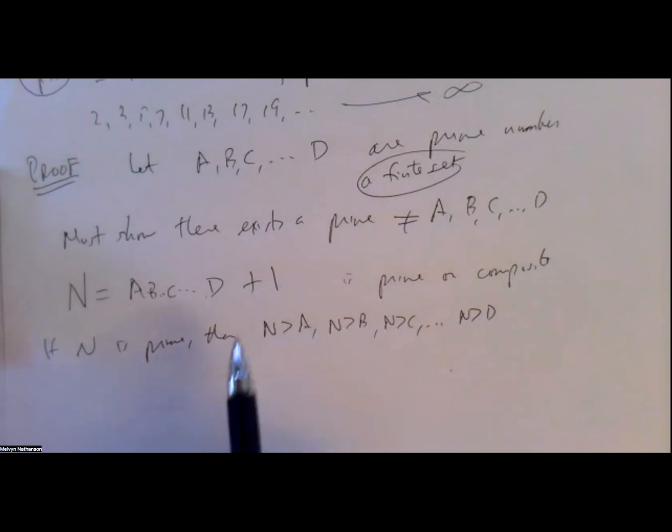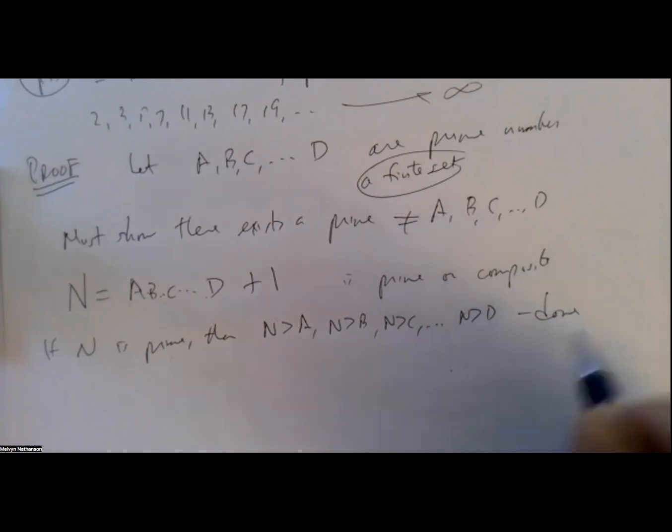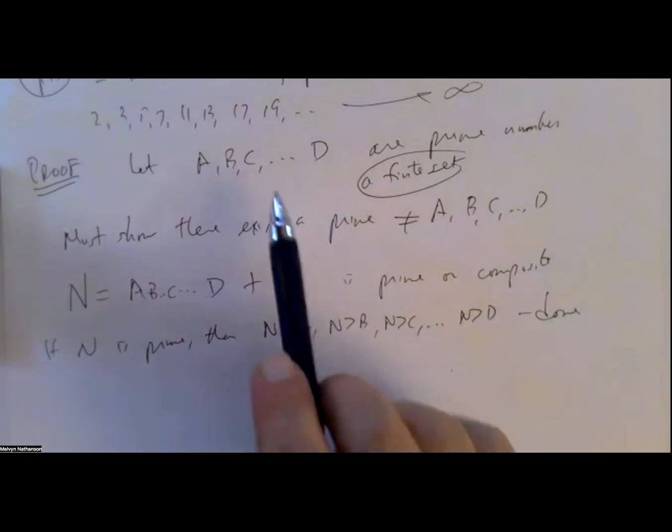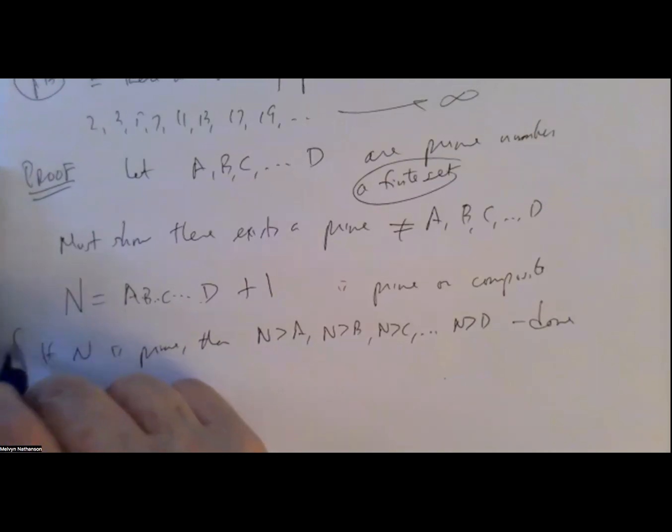So if n is prime, then n is bigger than A, B, C, or D, and we're done. We found a prime not in this finite set. Right? So this happens to be prime. We're done. That's case 1.